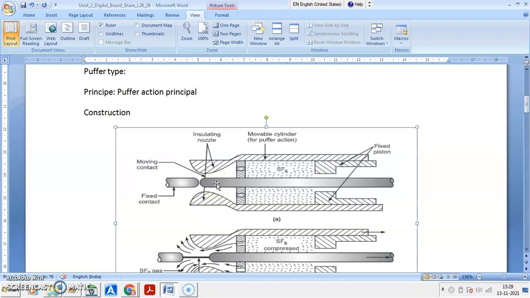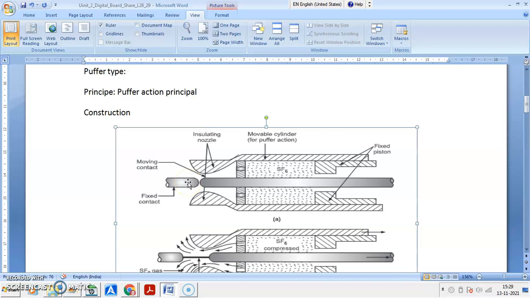Then the moving contact is kept inside the insulating nozzle. This is the insulating nozzle. As shown in the figure, you can see the whole assembly, particularly the insulating nozzle and buffer action. It is a cylindrical move of the moving contact. In normal condition, the moving contact is fixed with the fixed contact.